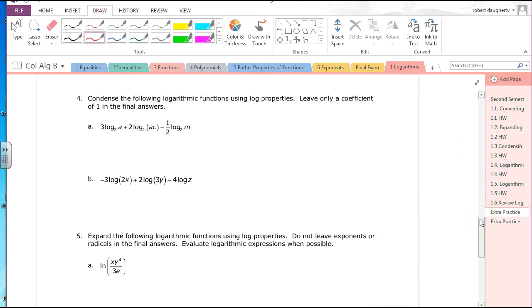After evaluating logarithms, we did some things where we condensed logarithms. So condense this into one expression. This is going to be log base 2 of a cubed plus log base 2 of ac squared minus log base 2 of m to the 1/2.